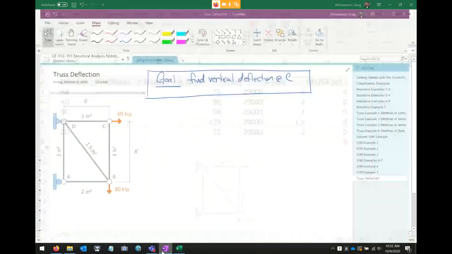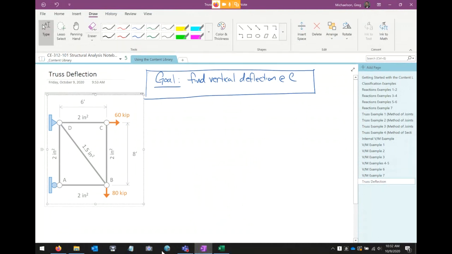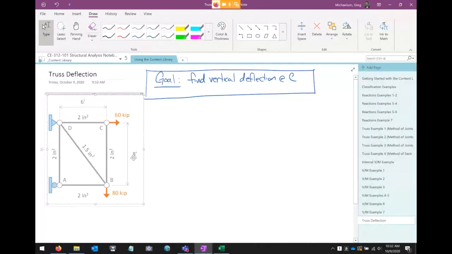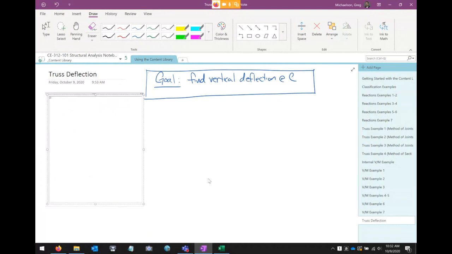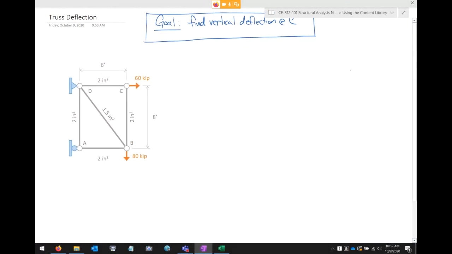All right. Let's go back to the computations here. Now we've got to start doing our computations. Our goal is to find the vertical deflection at C. I propose we're going to have to do 2 separate analyses. Maybe I'll draw a big vertical line and do one set of analyses on the left and another set on the right.